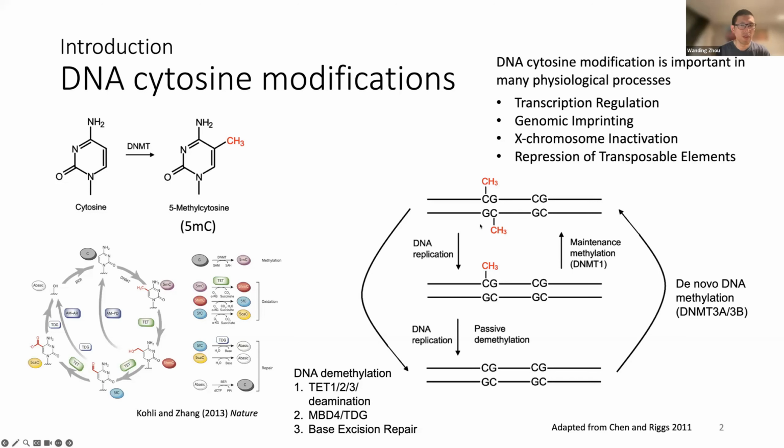The reason why I call it the modifications is that it also includes other modifications like 5-hydroxymethylation, which was previously considered the oxidative derivative of the active demethylation process, mediated by the iterative oxidation by the ten-eleven translocation enzymes, TET1, 2, and 3, followed by base excision repair or TDG actions to fully complete the demethylation cycle.